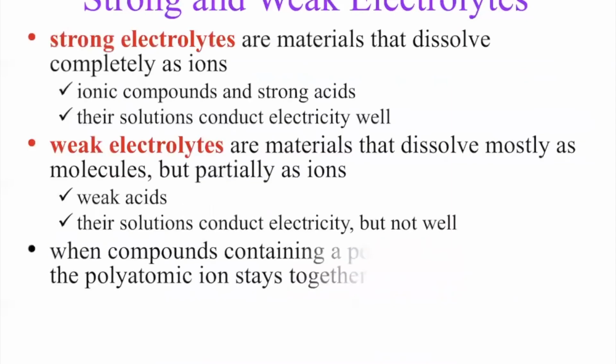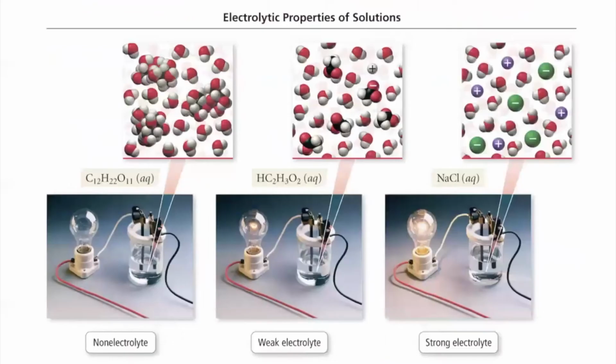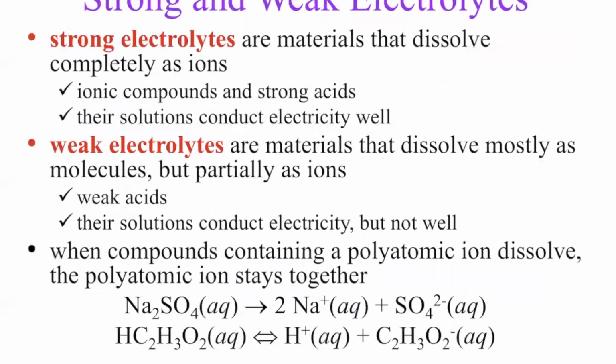So weak and strong electrolytes. Strong electrolytes are those substances that dissociate completely into ions. Those are your ionic compounds and your strong acids, and they're going to conduct a lot of electricity. Weak electrolytes are those that partially dissociate into ions.